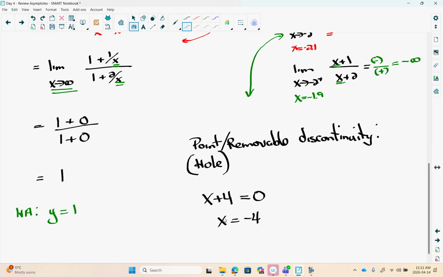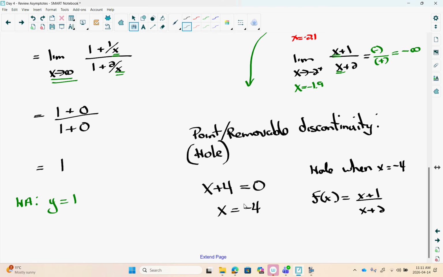And if you wanted to figure out where that hole would be, so I know there's a hole when x equals -4, I would take my f of x equation, which says x plus 1 over x plus 2. If I want to know how high to draw that hole, or what height the hole is at, I just fill a -4 in for these x's, and I'd work it out.